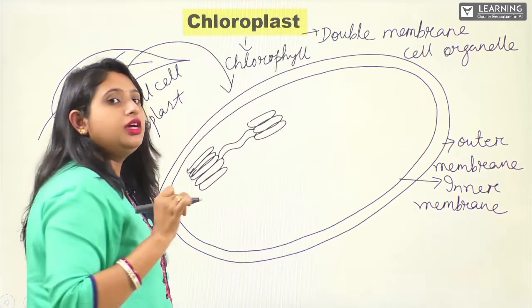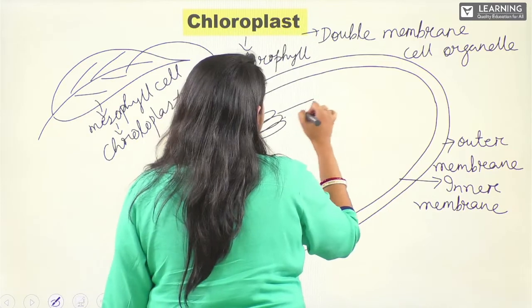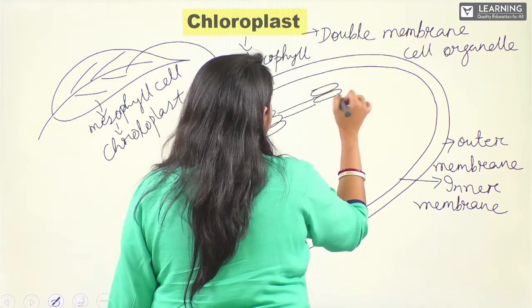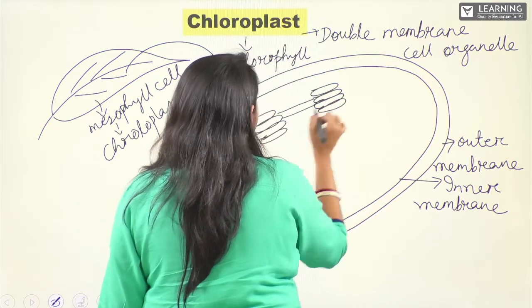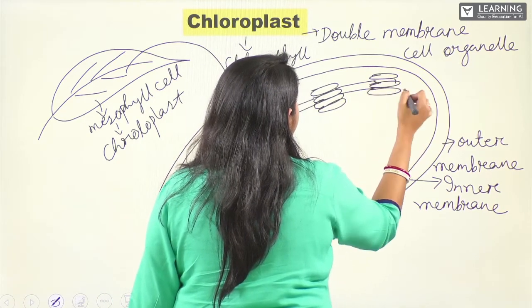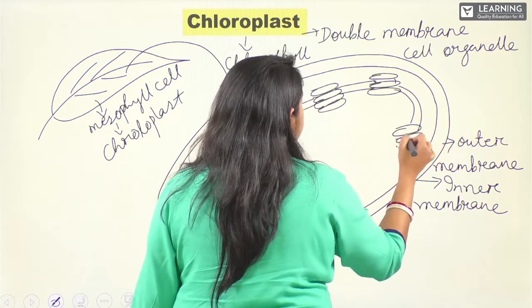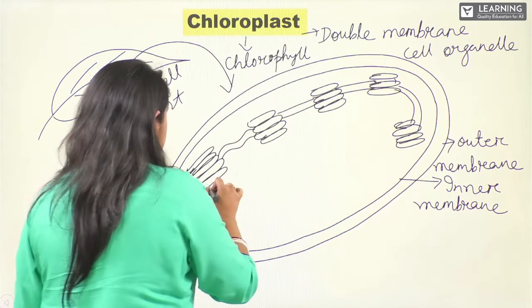So it is a green color pigment which is present in the leaves. This is the structure of the chloroplast. It consists of thylakoids which look like piles of coins.